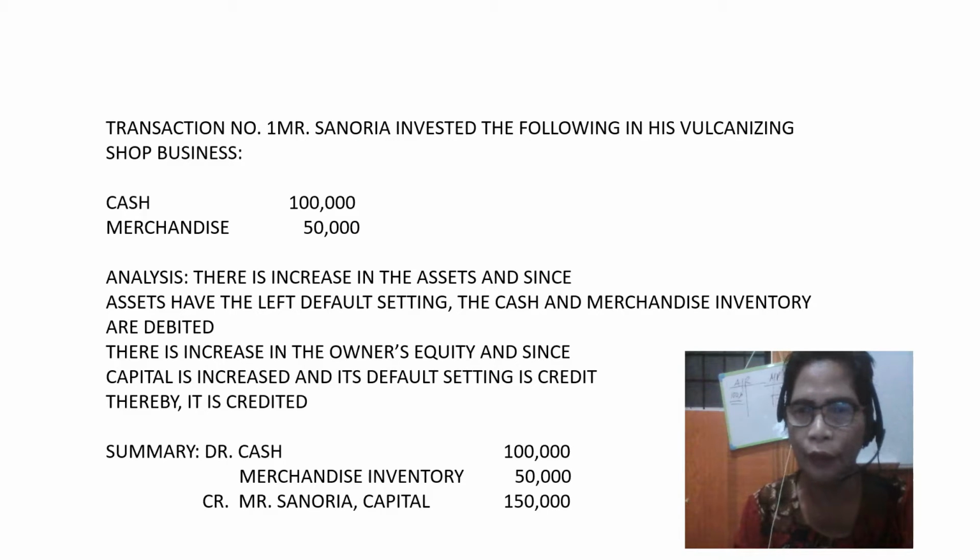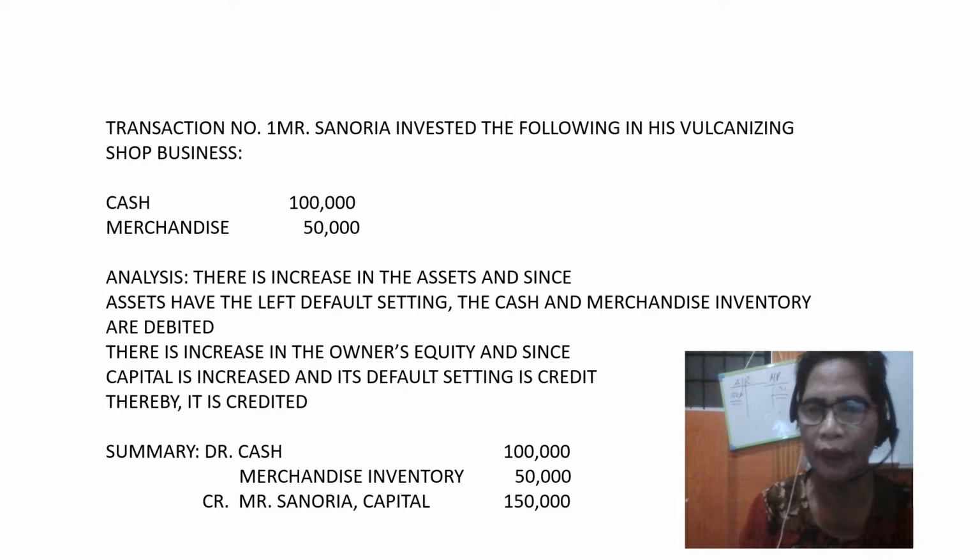For our transaction number one, we have Mr. Sanoria invested the following in his vulcanizing shop business. So you have there the different assets that are being invested by the owner, transferred from the personal assets to the business assets. In this case, if you look at the left side of the equation, there is an increase of assets.